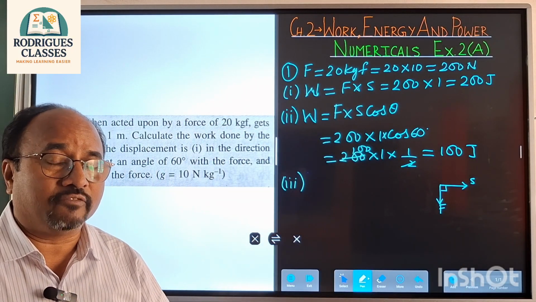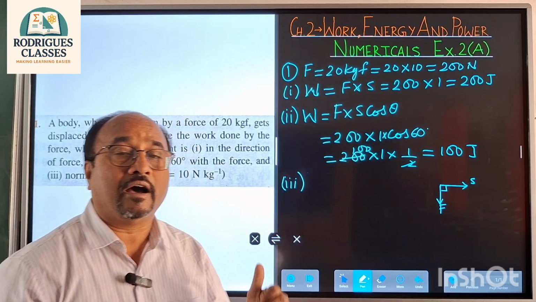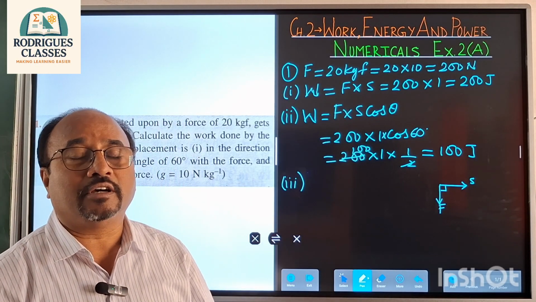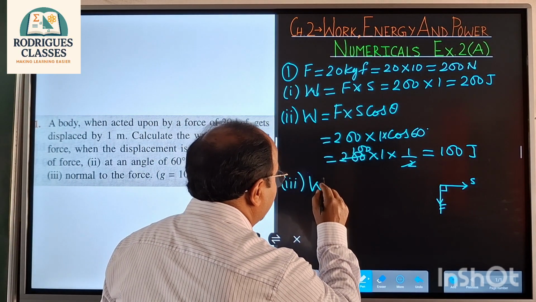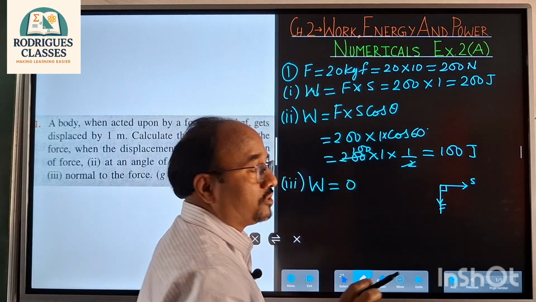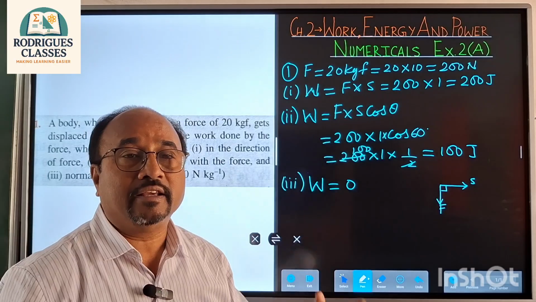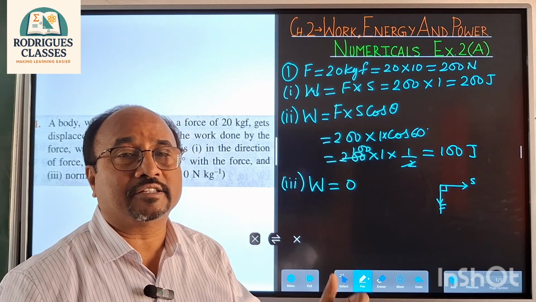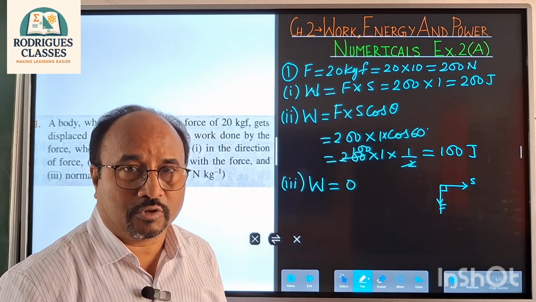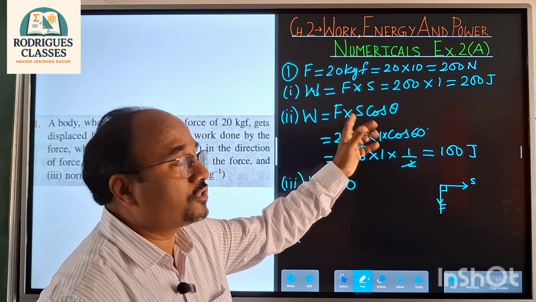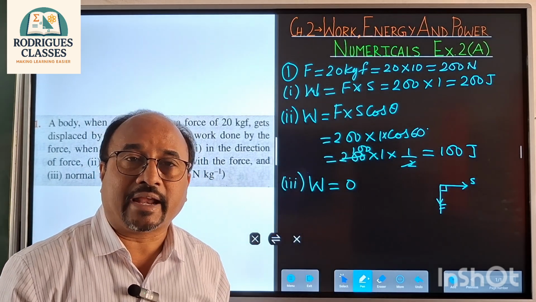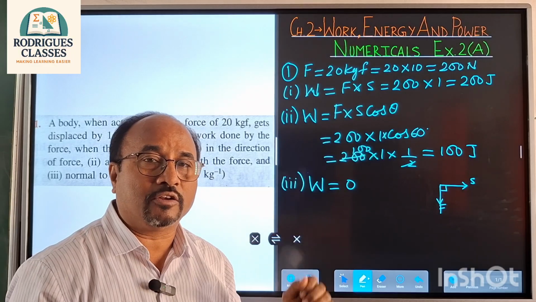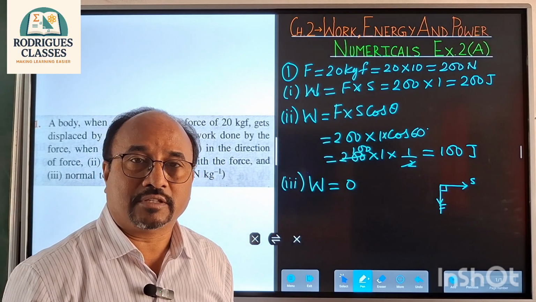And you have studied when the force and displacement are perpendicular to each other, the work done is 0. So we can write here the work done equals 0 directly and mention there, since the force and displacement are perpendicular to each other. You can apply this formula also and work it out. Theta in that case will be 90 and you know cos 90 is 0. So the answer will come as 0.